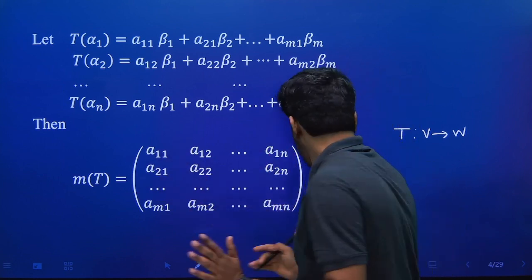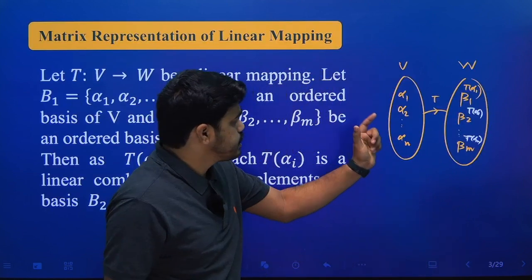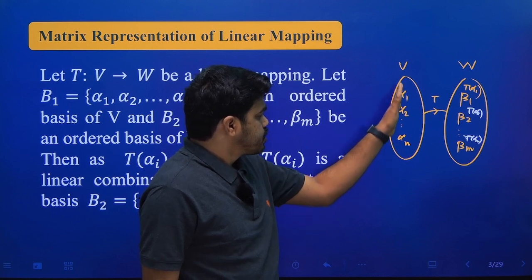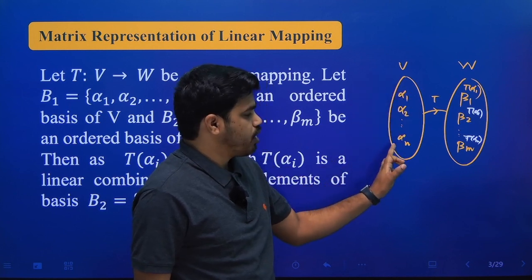তাহলে প্রসেসটা কি? প্রসেসটা হচ্ছে এরকম যে V এর যে বেসিস গুলো থাকবে, ঠিক? সাপোজ V এর বেসিস হচ্ছে আলফা 1, আলফা 2, আলফা n, ঠিক?